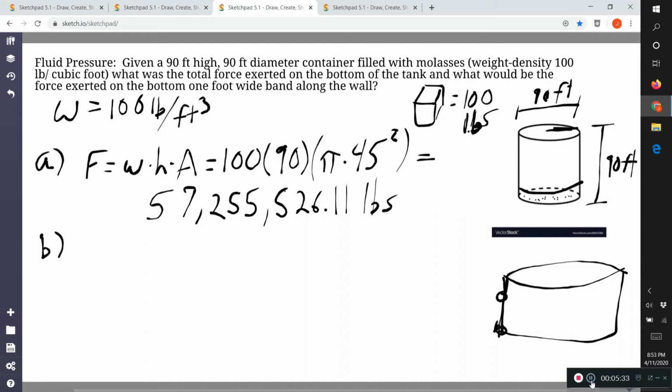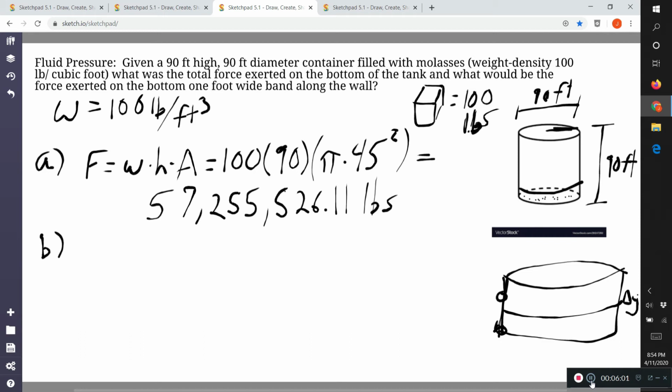In fact, at the bottom it'd be 90, but at the top it'd be 89. And so what we're going to have to do is cut this into little rings. And how thick? Well, remember, in calculus, the smaller the ring, as it gets infinitely small, we get infinitely accurate. So the thickness of those rings is going to be delta y. We're using y because we're going up and down.